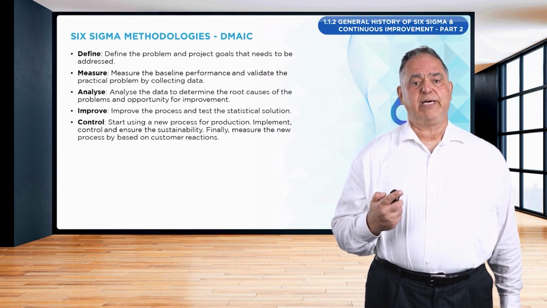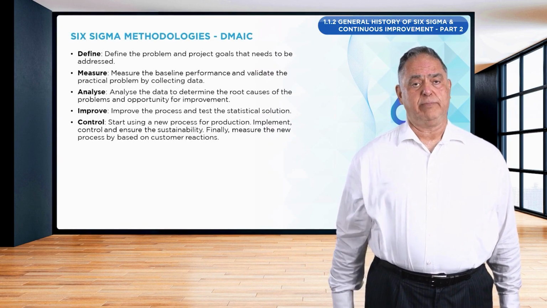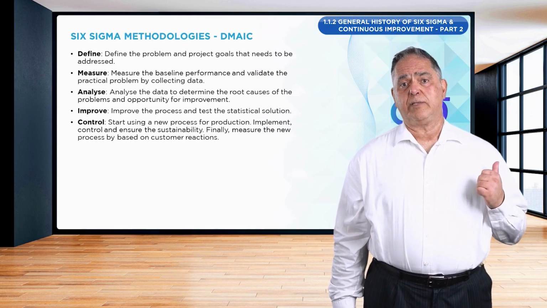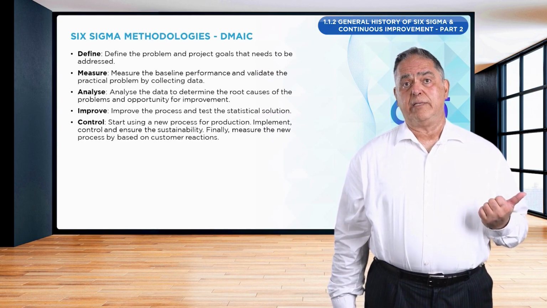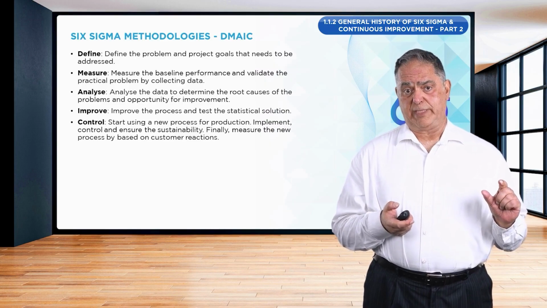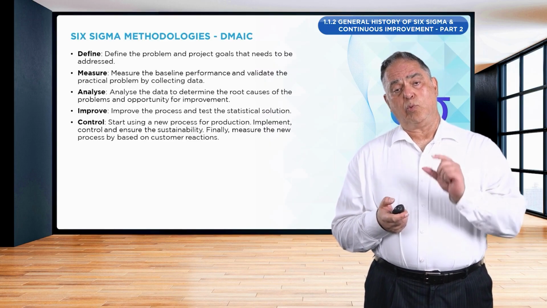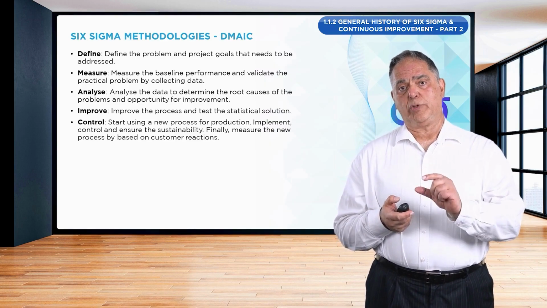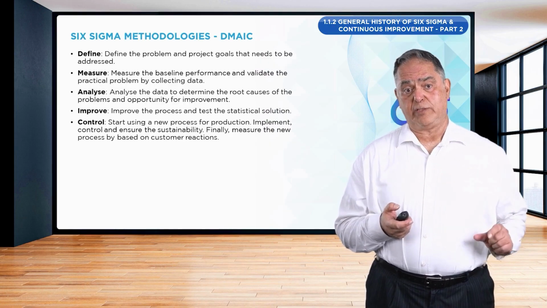So, during define, we define the problem. This means that we have to create what is known as the problem statement, and also what is known as the goal statement or objective statement of the project.